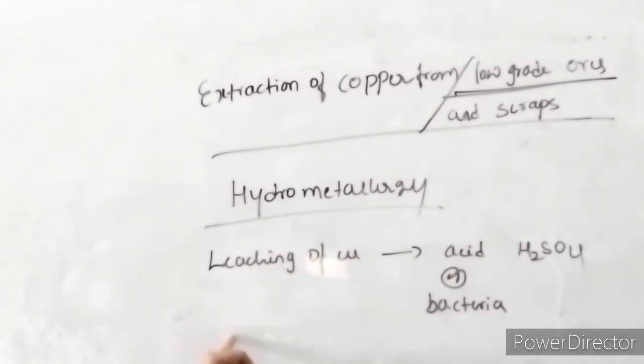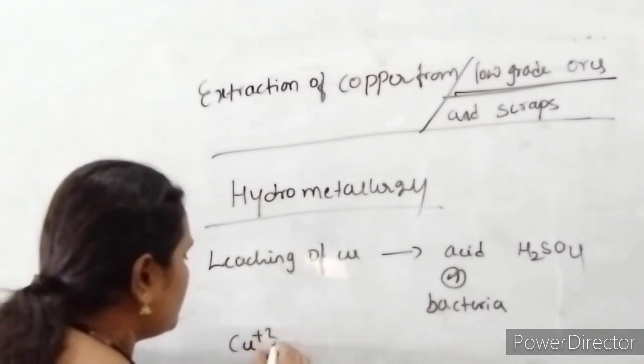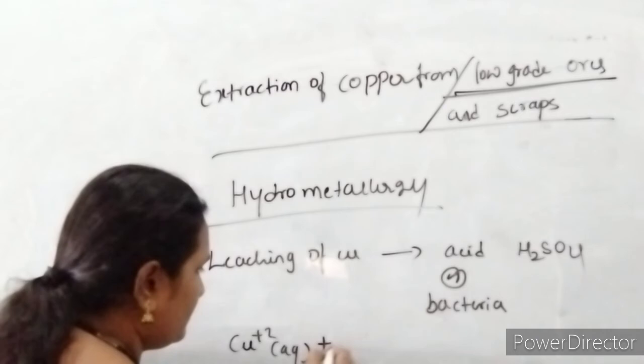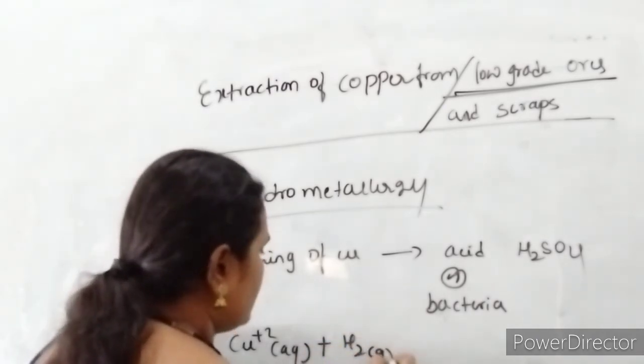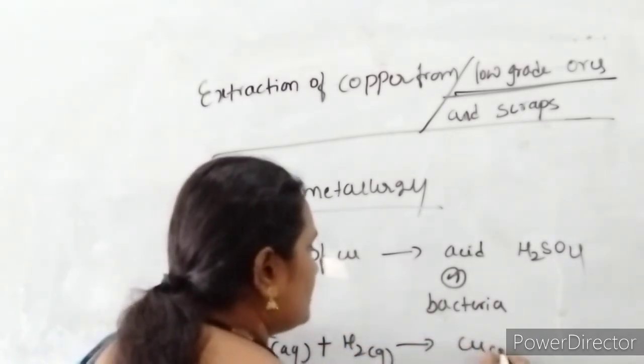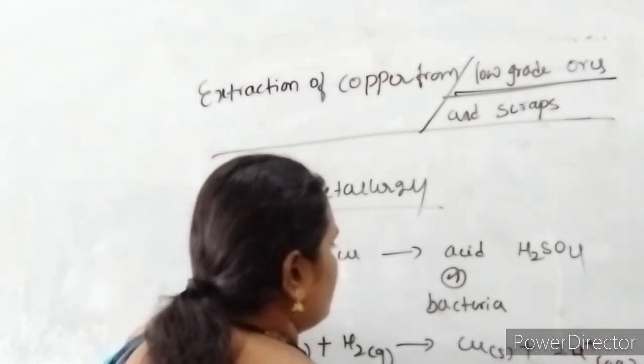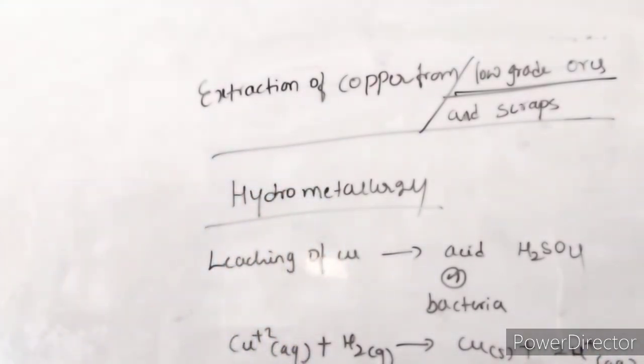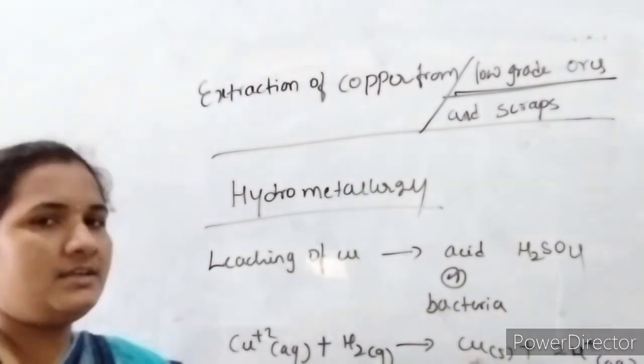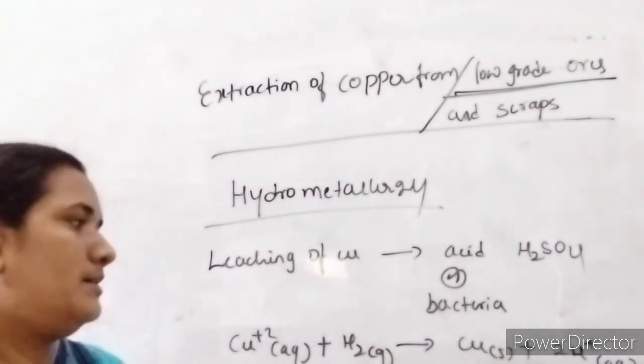See here what happens. The copper from the aqueous solution reacts with hydrogen gas, then it will produce solid copper with the liberation of 2 hydrogen ions. They will go into the solution. In this way we extract the copper metal here.